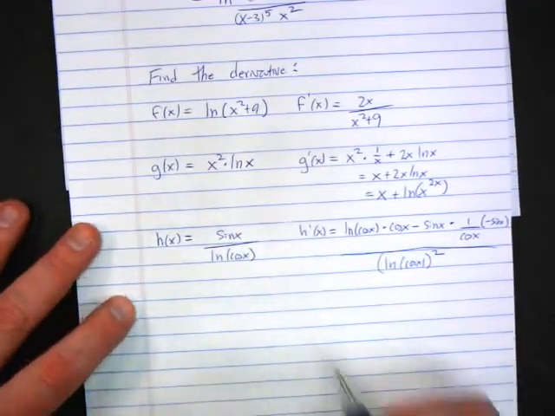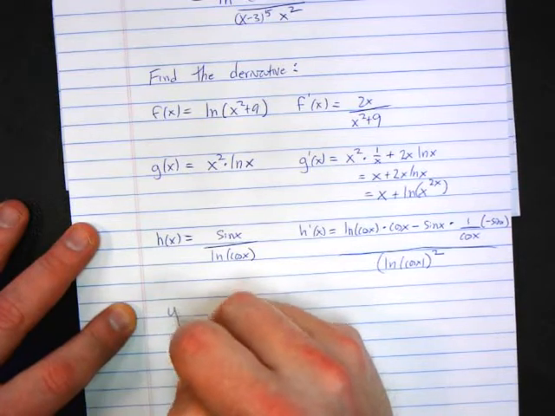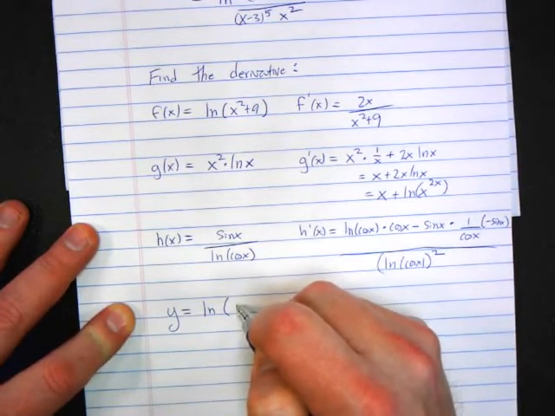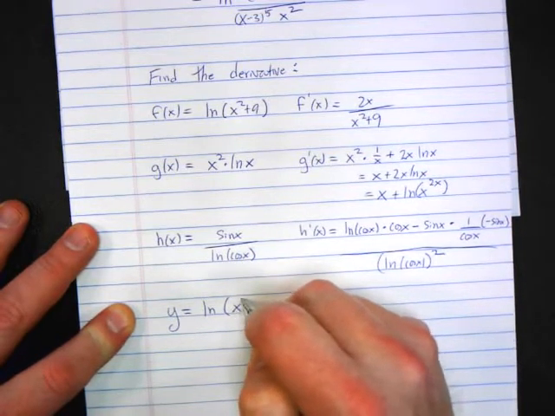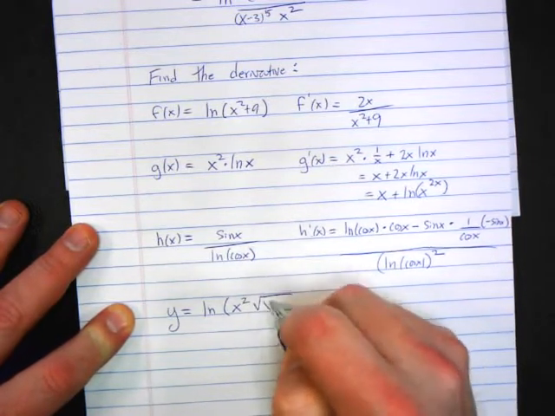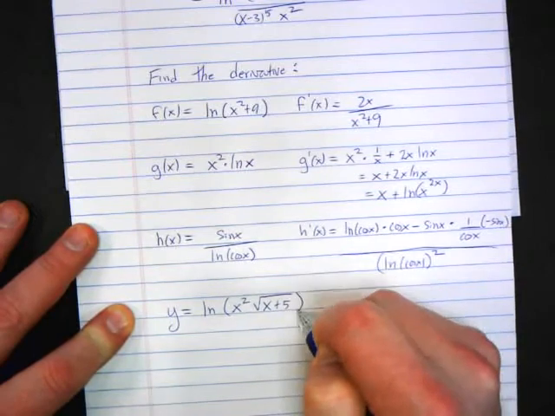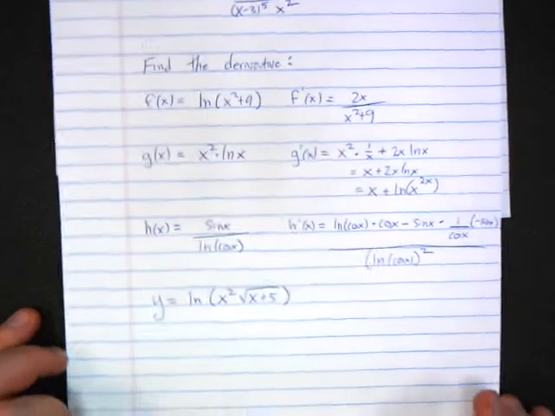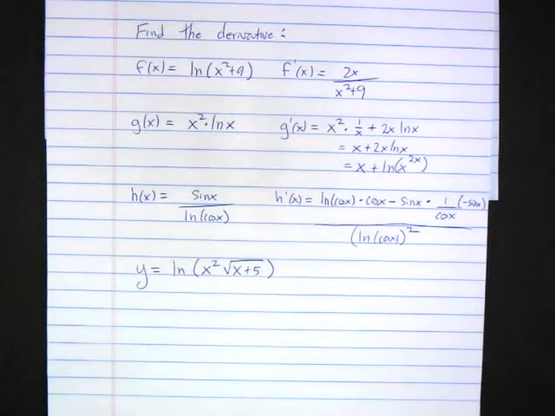All right, how about y equals ln of x squared times the square root of x plus 5. What do you have to do in order to take the derivative of that function?